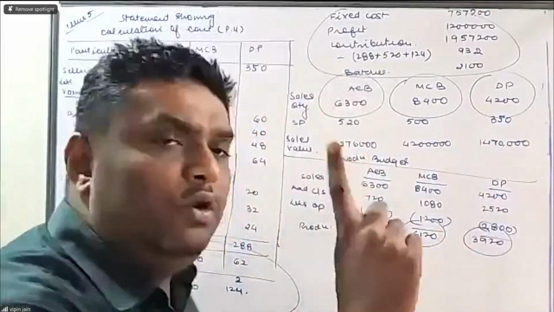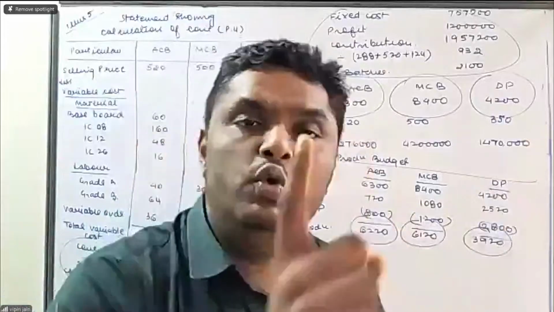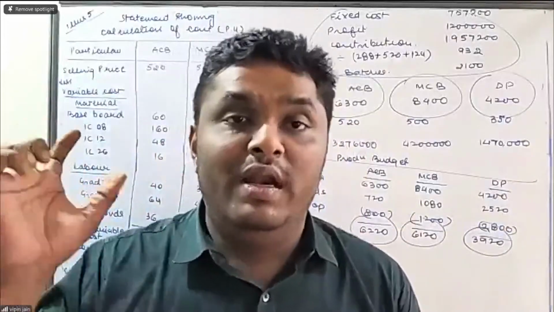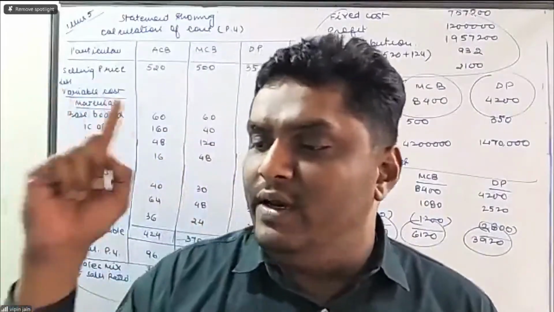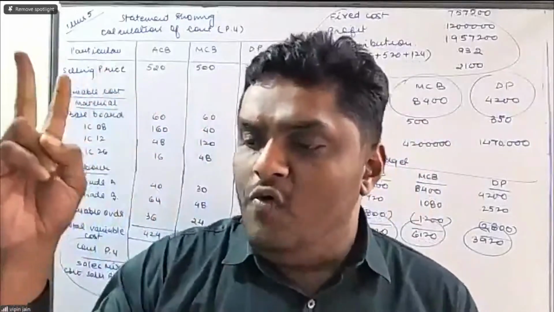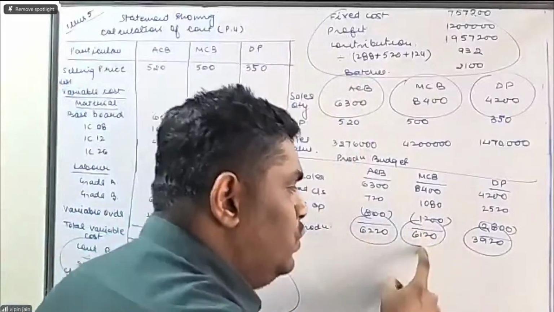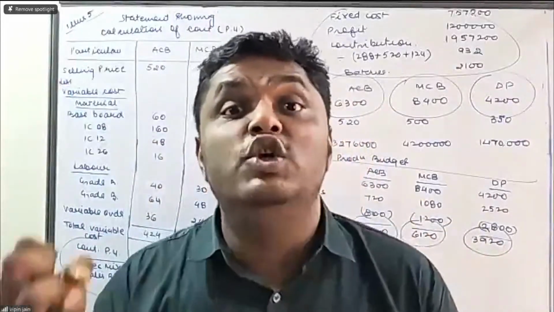So 6,220 into 1, 6,120 into 1, and 3,920 into 1. This is how we will get the total number of baseboards used. Similarly for IC08, it is given 1 unit requires 8, for ACB 2, for MCB 2, and for DP 2. So this is how we will get the raw material that is used.